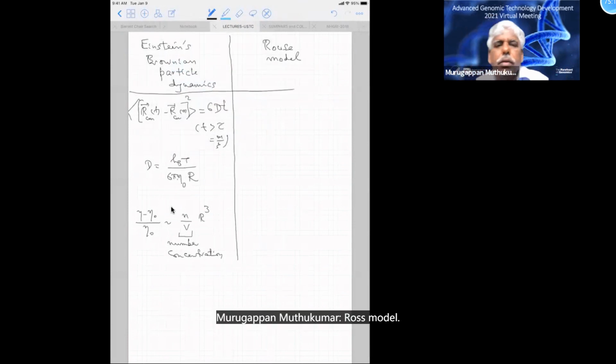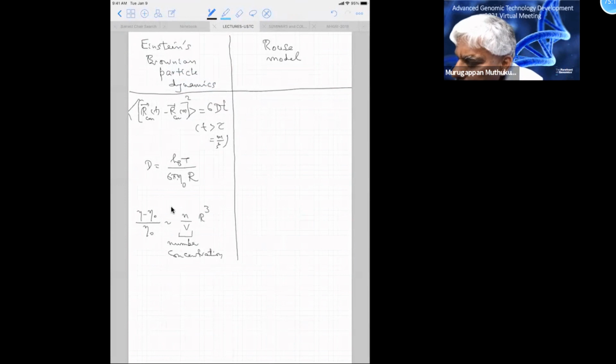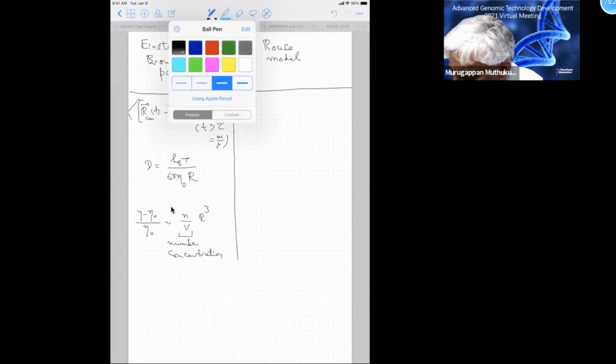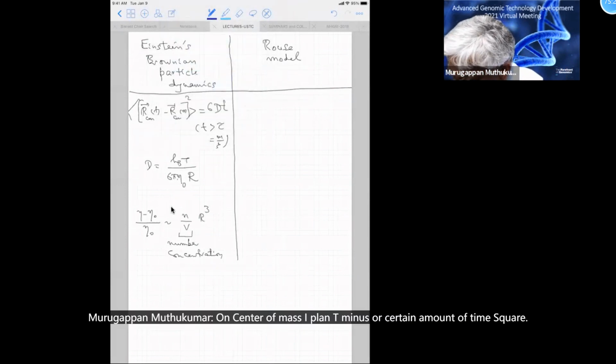the Rouse model. In the Rouse model, we also have r center of mass at time t minus r center of mass at an earlier time, squared.